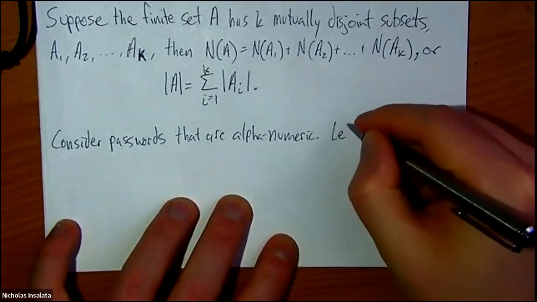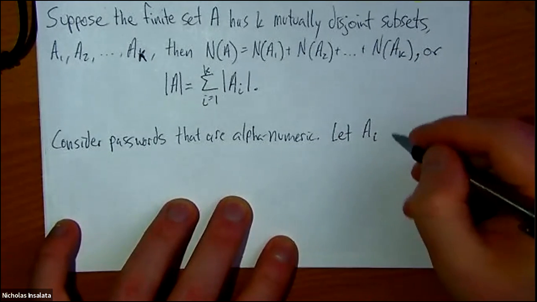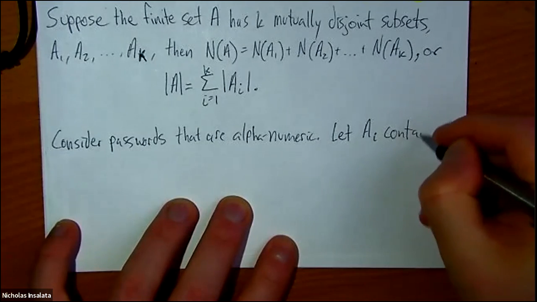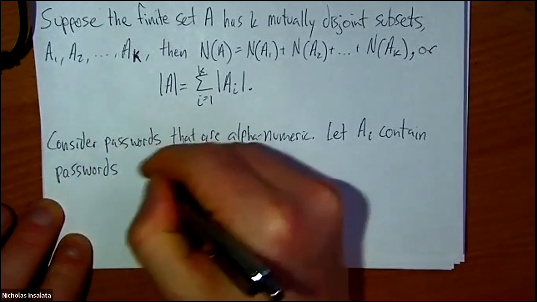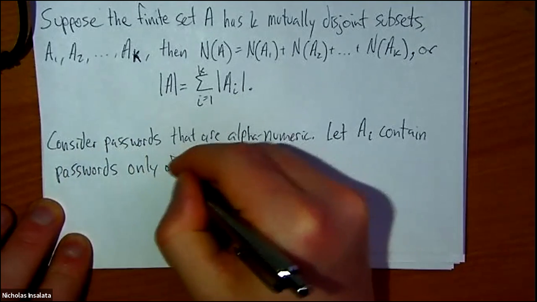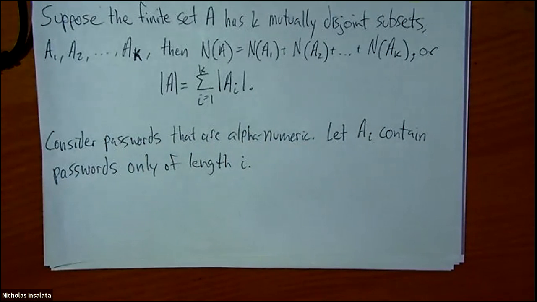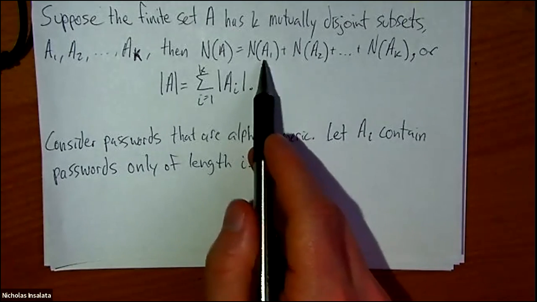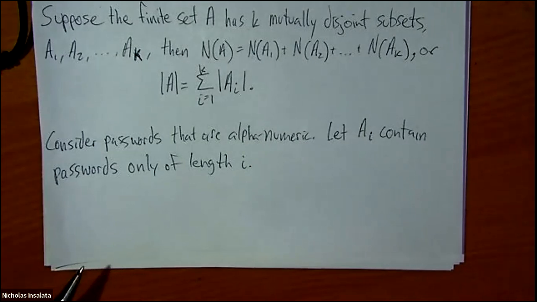So let A sub I contain passwords only of length I. In that case, we'll have all of the length 1 passwords, all of the length 2 passwords, and so forth, all the way up to all of the length k passwords, whatever our maximum password length is.